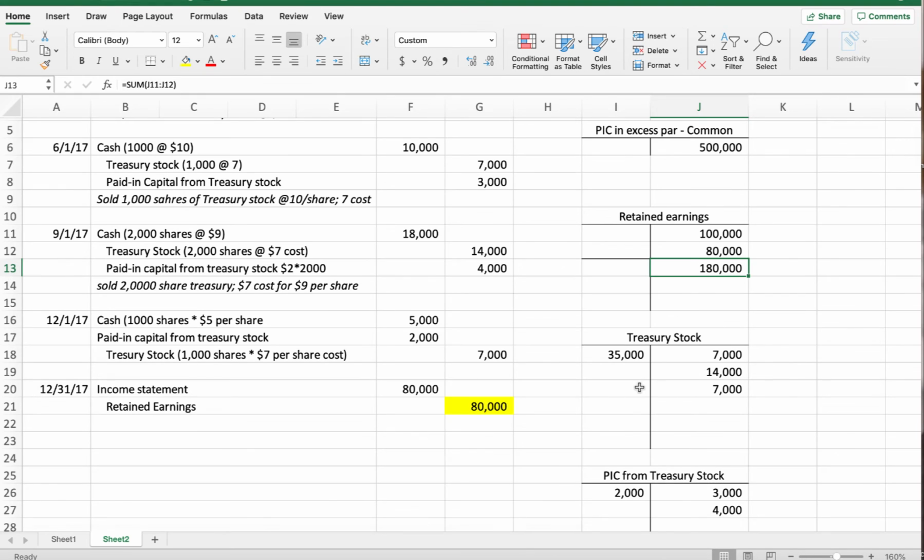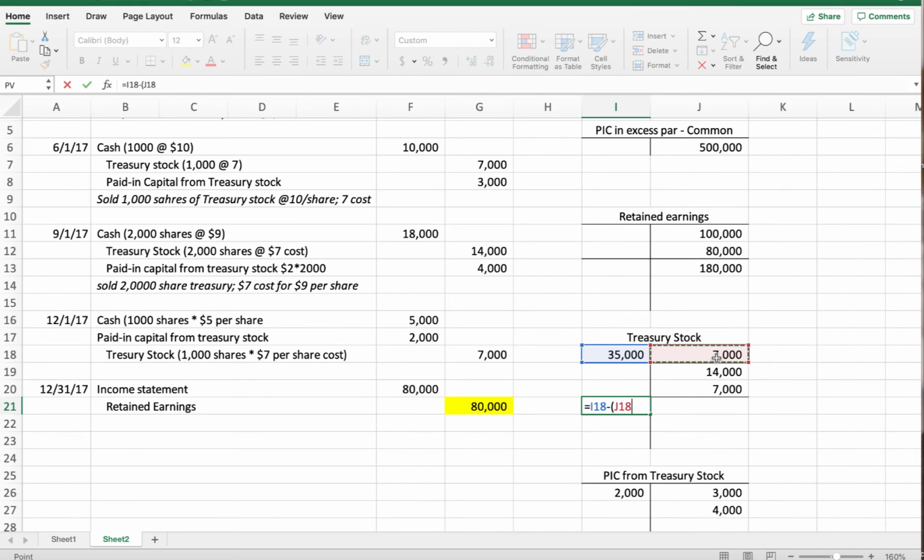I've got to do the same thing for treasury stock here. Super easy for me to do, right? I'm going to take my $35,000 debit, and to that, I'm going to subtract the sum of all my credits. So I have $7,000 of treasury stock left.